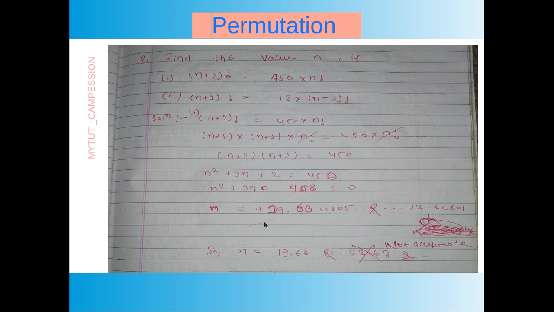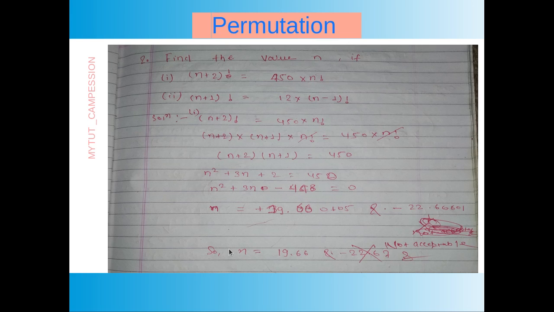Now we solve for n, getting two roots, a positive one and a negative one. The negative one is not acceptable because the value of factorial is never negative. So the answer is the positive root.